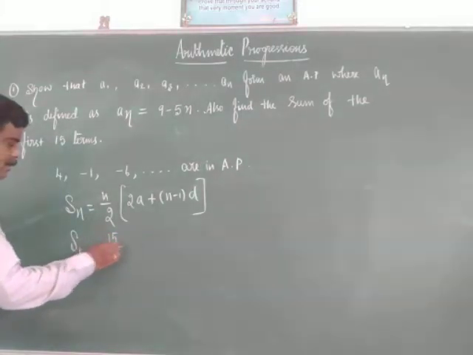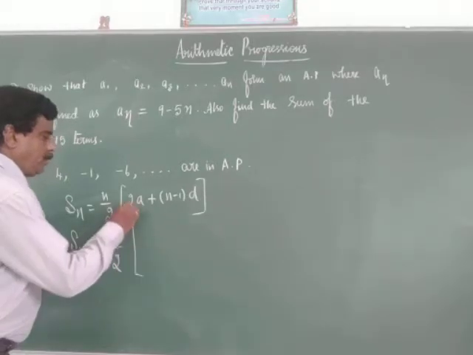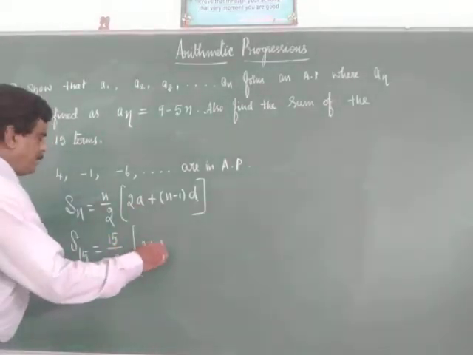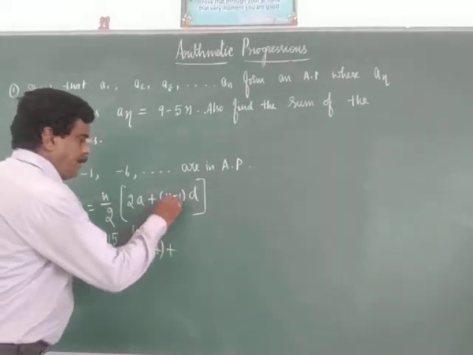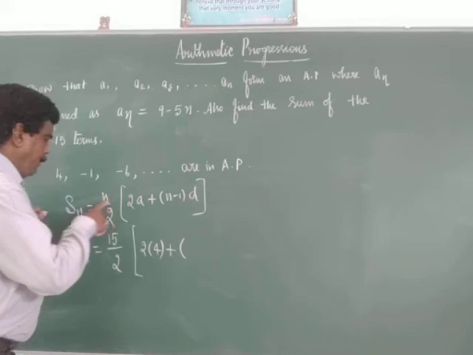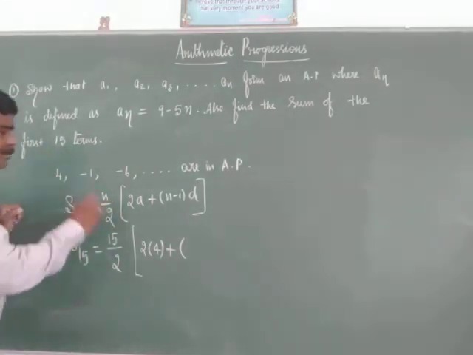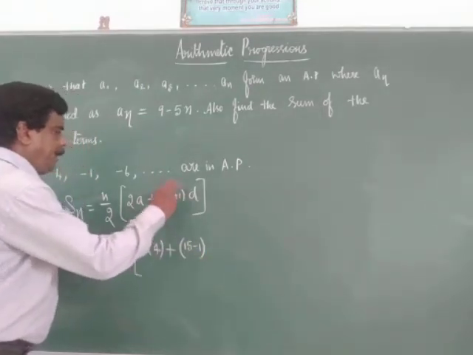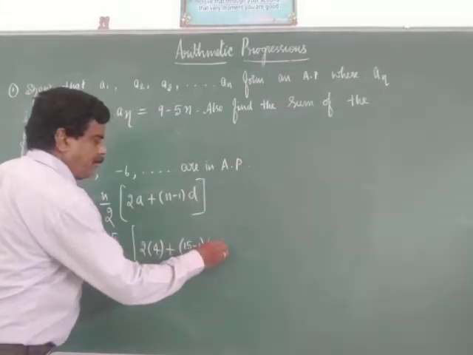N by 2 means it is 15 by 2 bracket 2a. 2a means 2 into first term. First term is 4 plus n minus 1. Again n means 15 because the question is given 15 terms. That is 15 minus 1 into d. D we already found. It was minus 5.